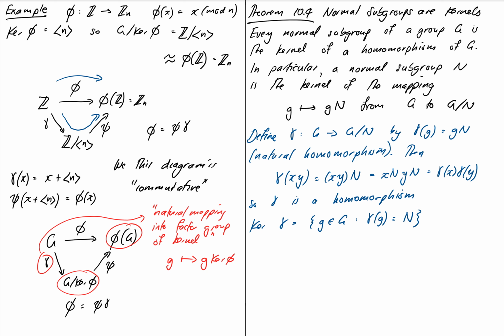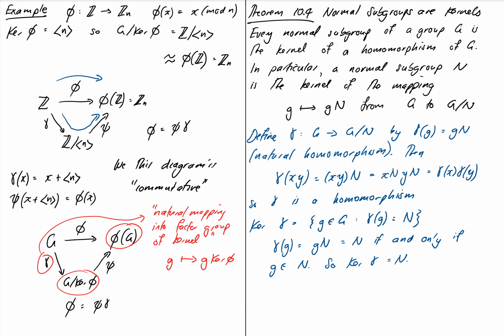So gamma of g is equal to gN, which equals N if and only if g is a member of N. So the kernel of gamma is just N itself.